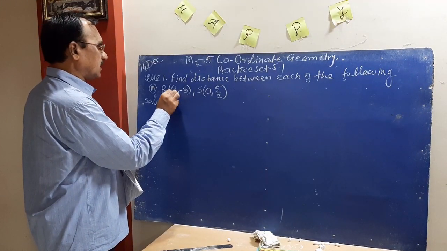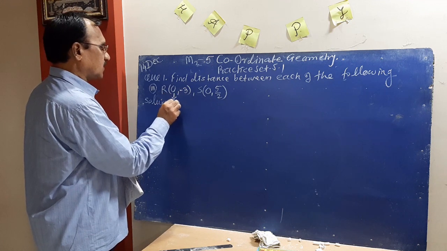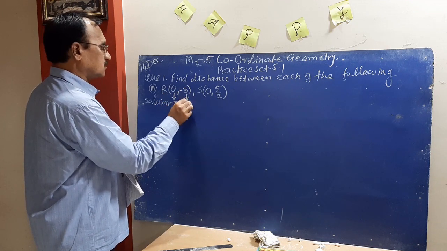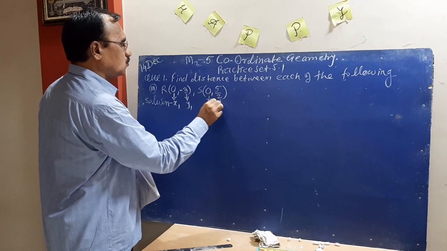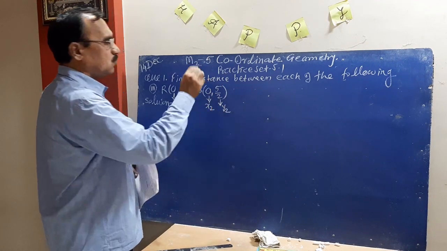In short, I can write here x1, y1, x2, y2.